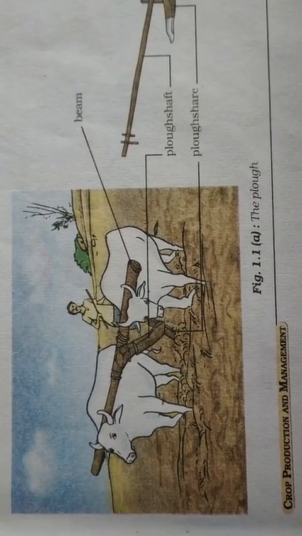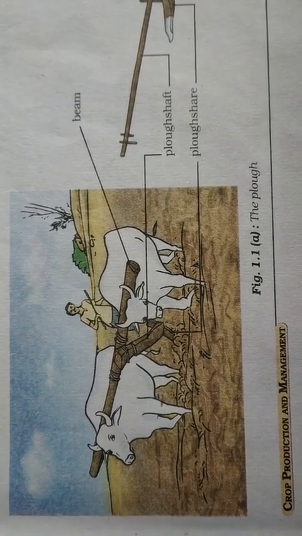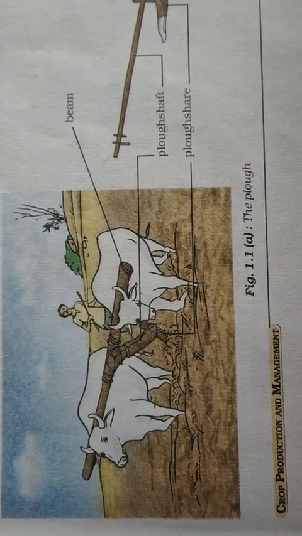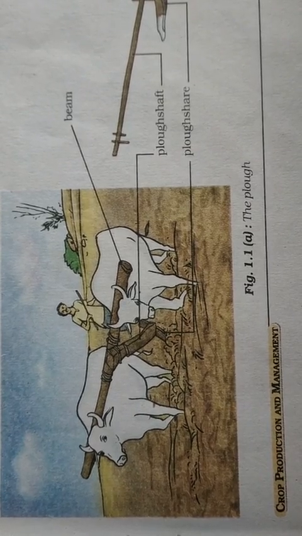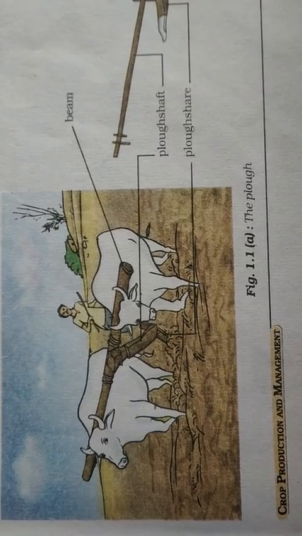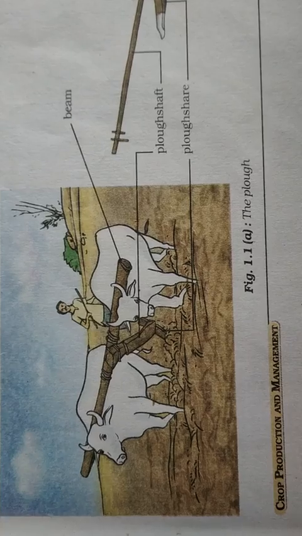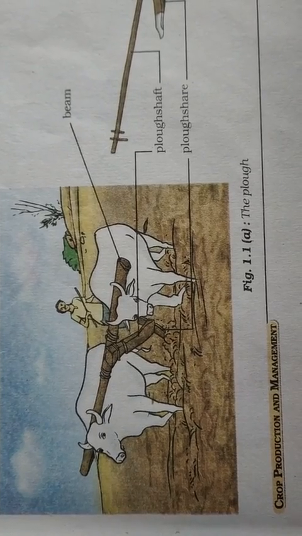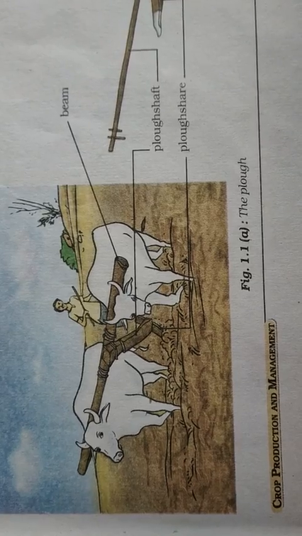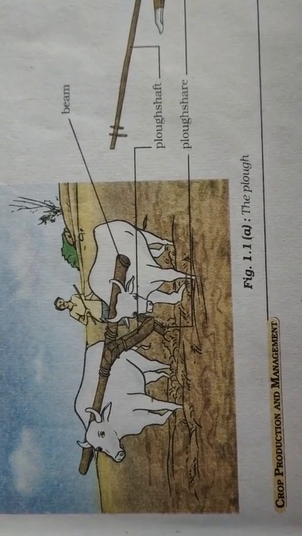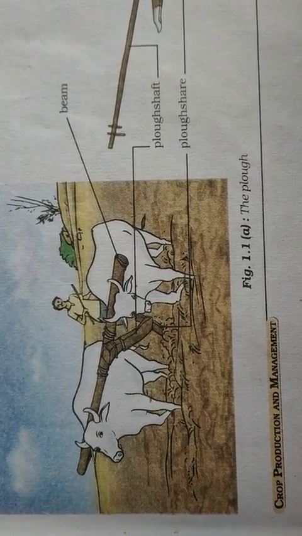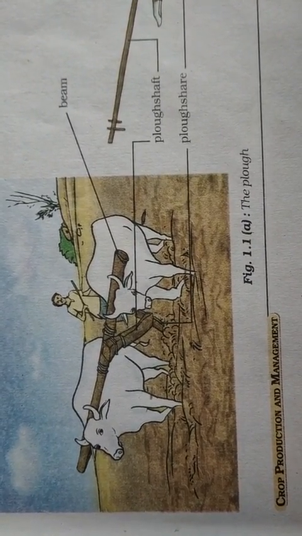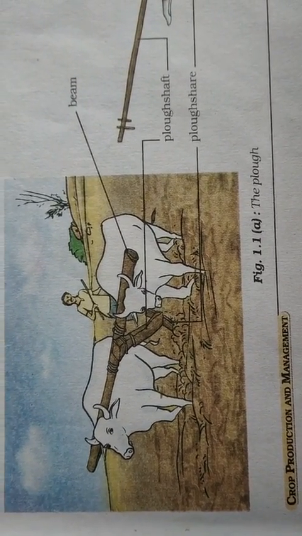So as we are discussing the lesson crop production and management, in the production of crops, to get good yields we have to go through many activities, so that will give us the best and provide a good quality and a good range of yields.